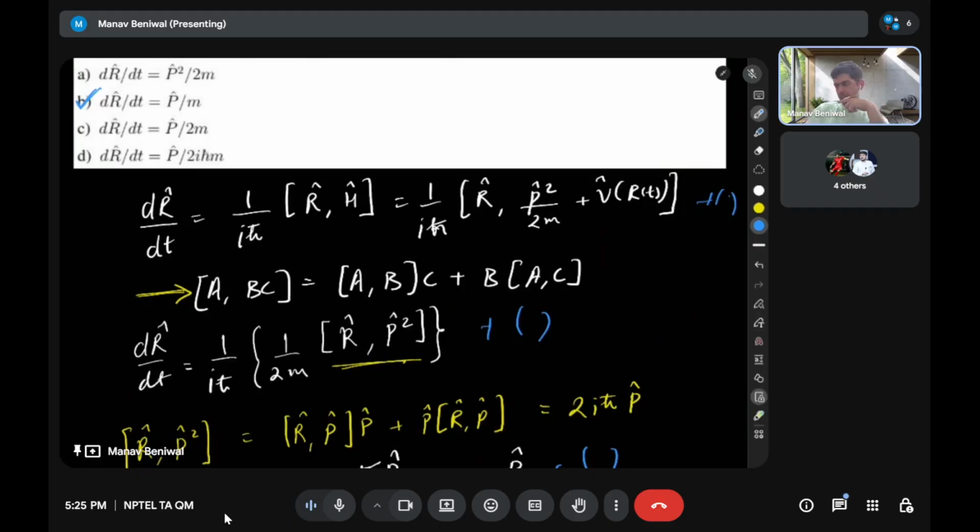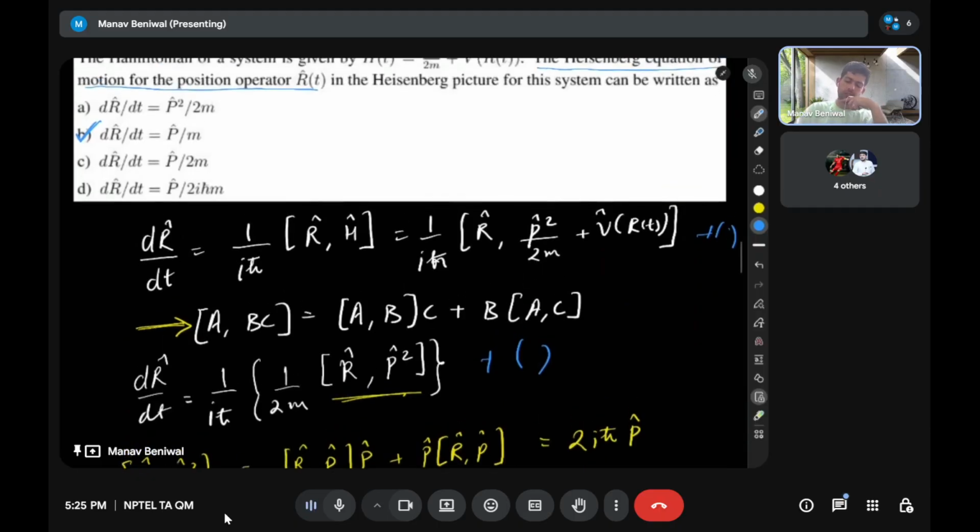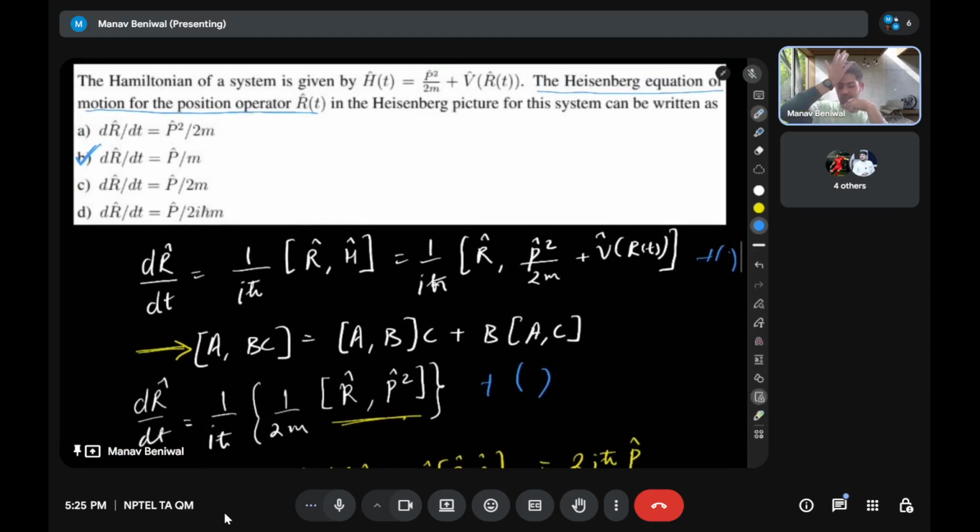Okay, so why in the first place did we have to take this assumption? Because if you look at the options, clearly there is no second term. It's only one term. There is no partial derivative term here.